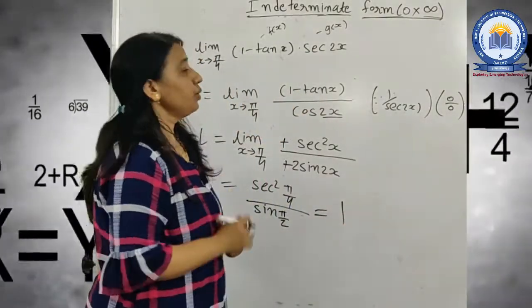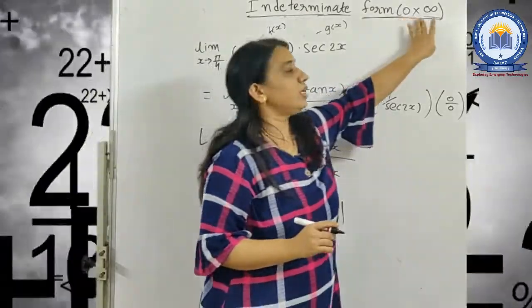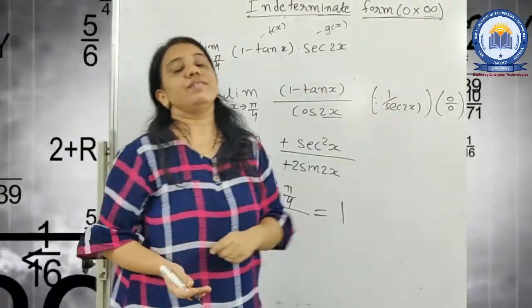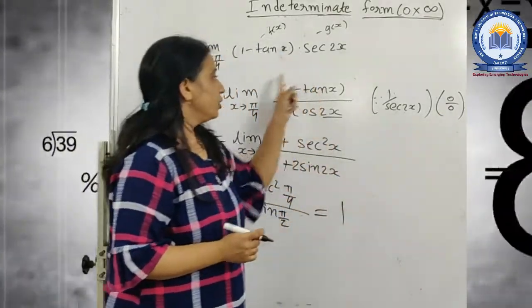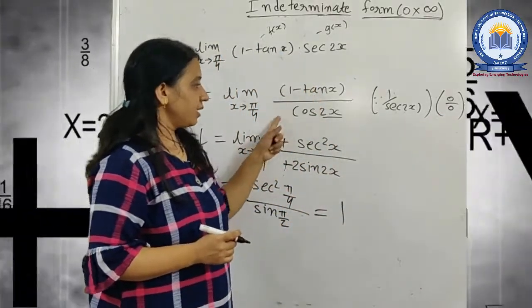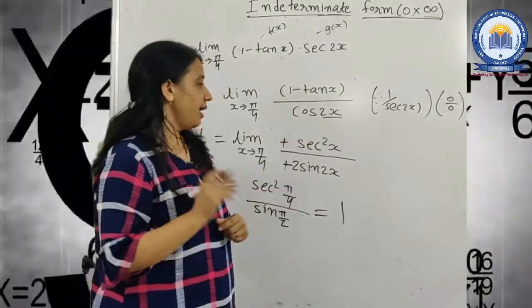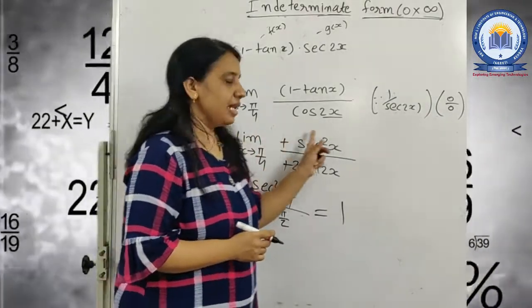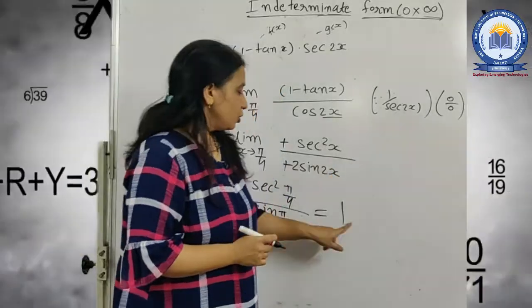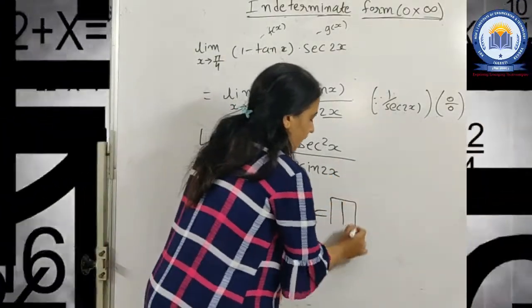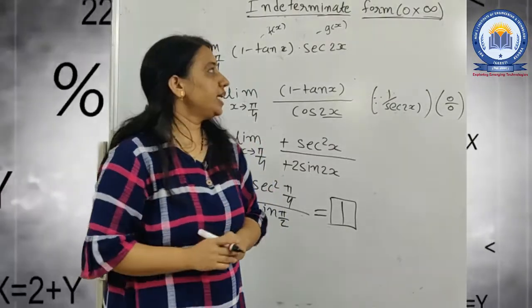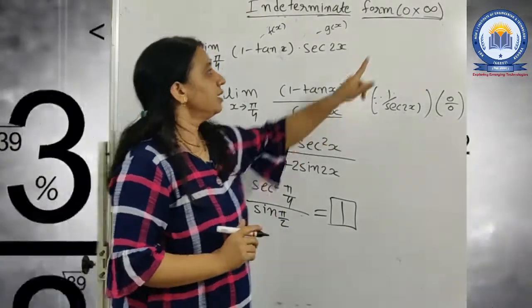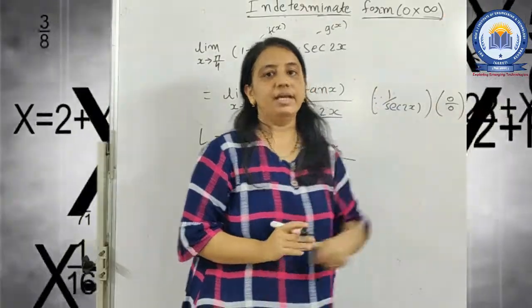So if you are having the form 0 into infinity, that will be converted into 0 by 0 form using this f(x) and here 1 upon g(x), and you can apply the L'Hospital rule. So you will get an answer. So this is about the infinity minus infinity and 0 into infinity forms.